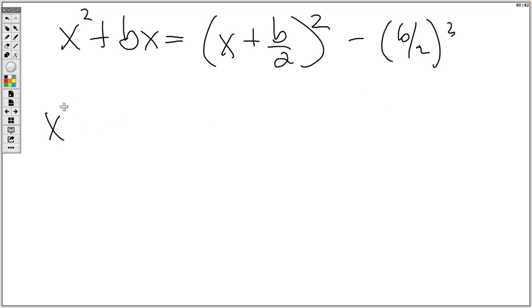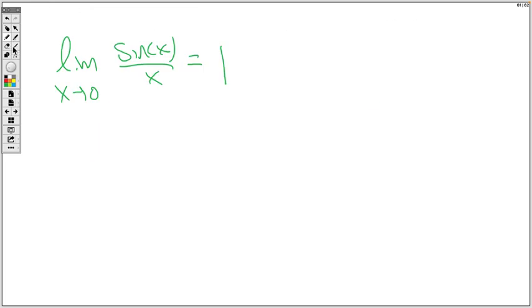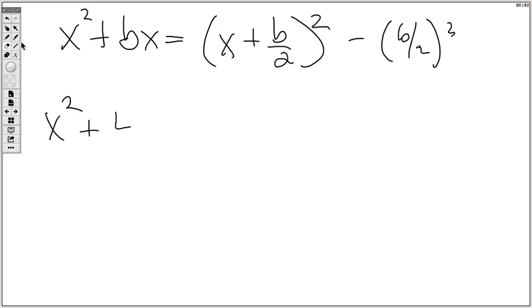So in our particular scenario, it's x squared plus 4x plus 7.